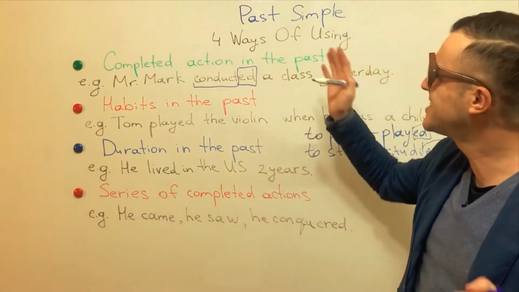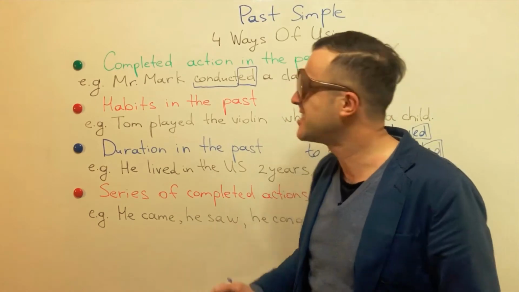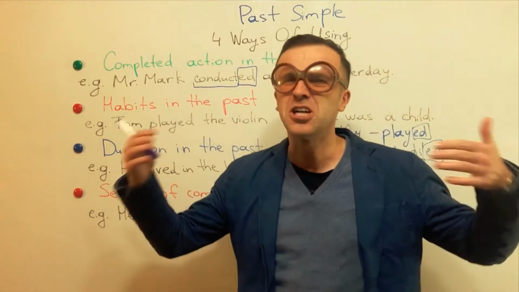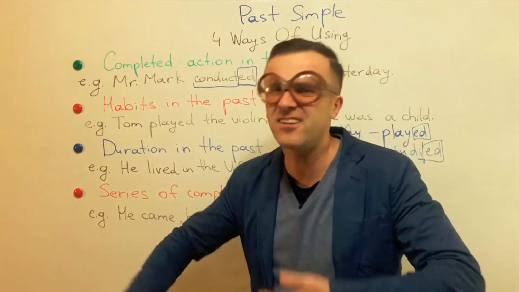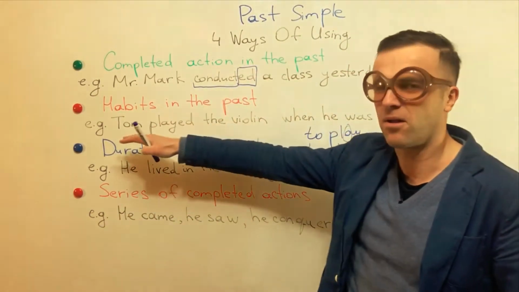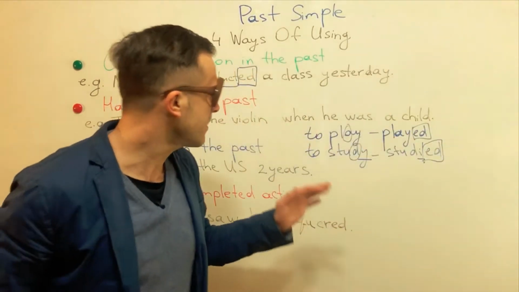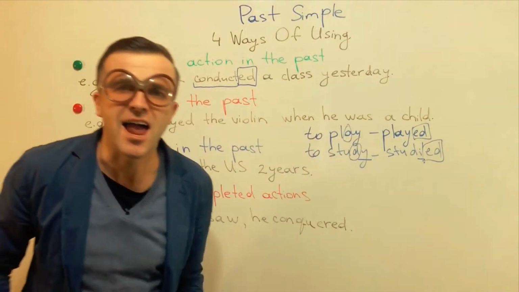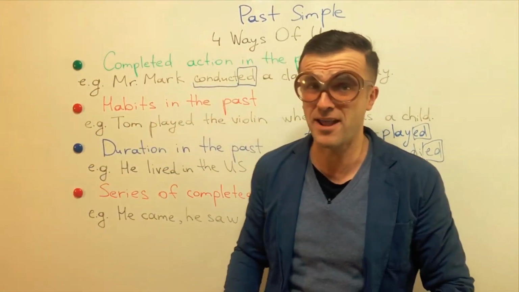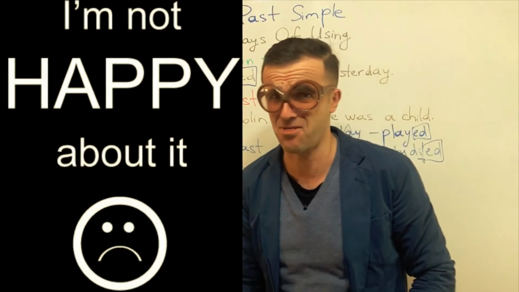Let's move on to the second way of using the past simple. So this is habits in the past. So something that you did on a regular basis in the past. Okay? So for example, Tom played the violin when he was a child. I can say that I played the violin when I was a child, but I was not so happy about that.